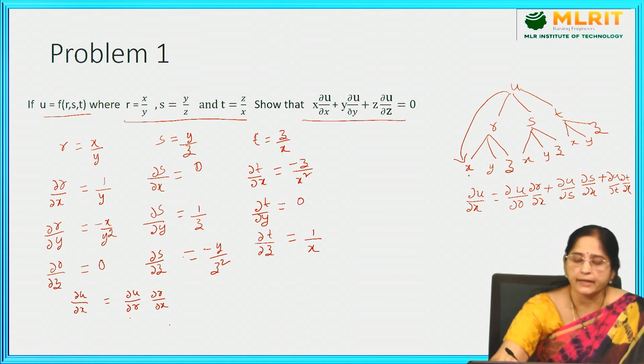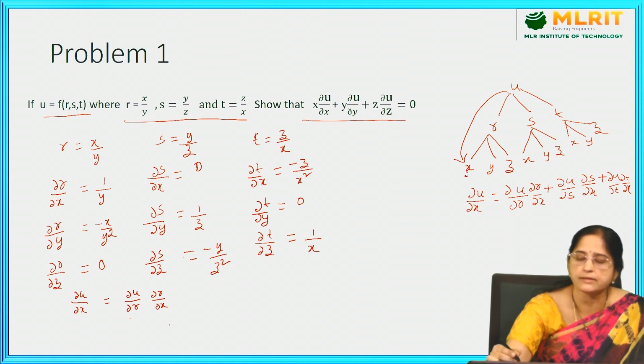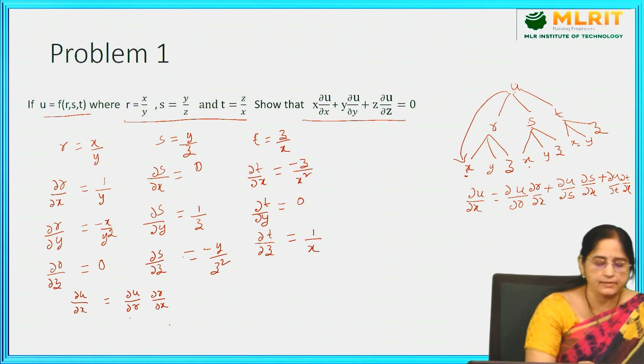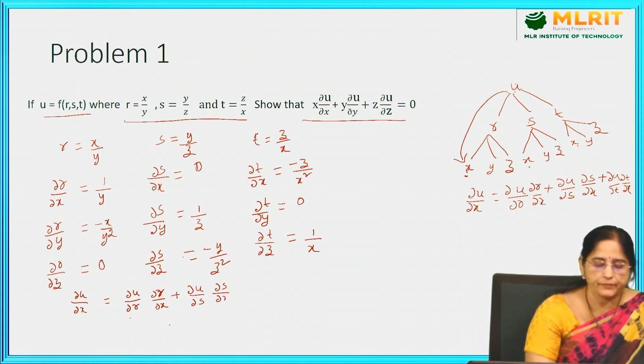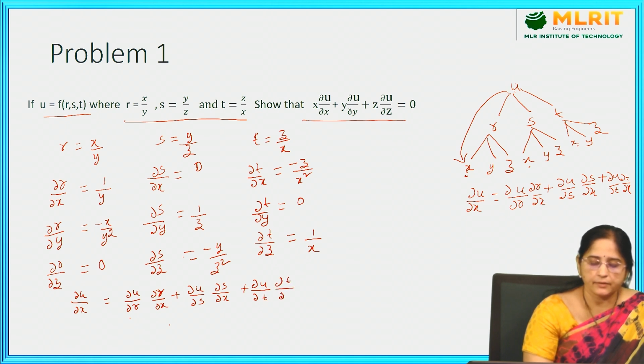Dou u by dou x equal to dou u by dou r into dou r by dou x, plus dou u by dou s into dou s by dou x, plus dou u by dou t into dou t by dou x.